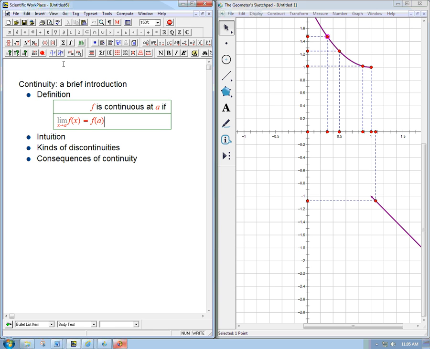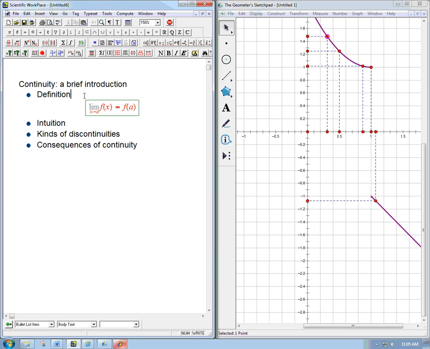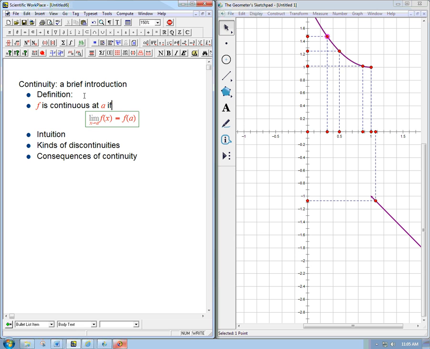So f is continuous at a if the limit exists, the value exists, and they're equal.